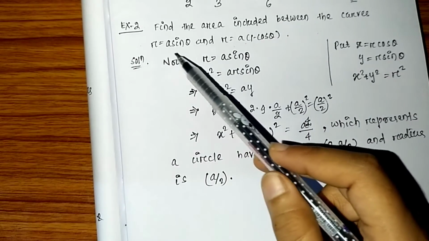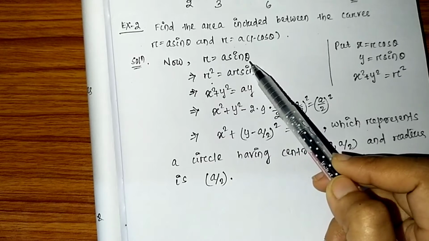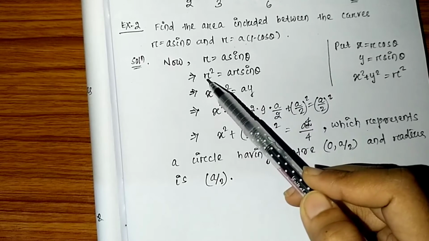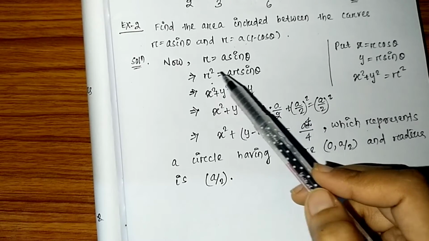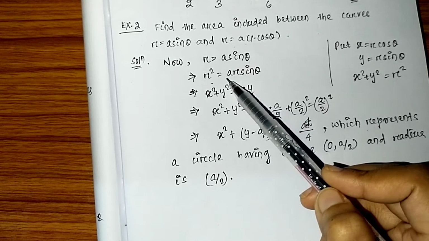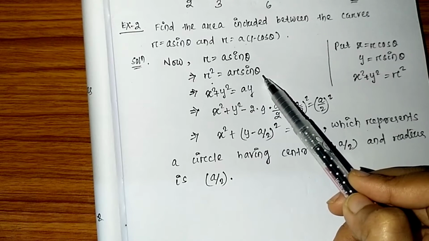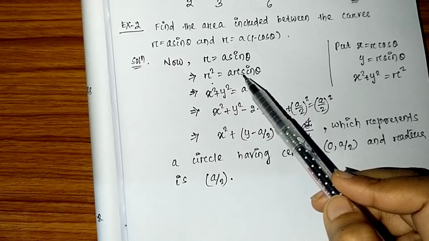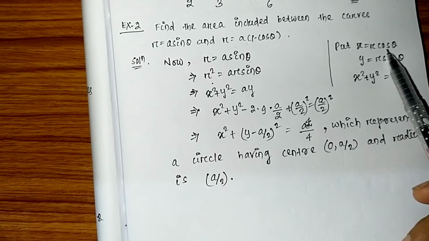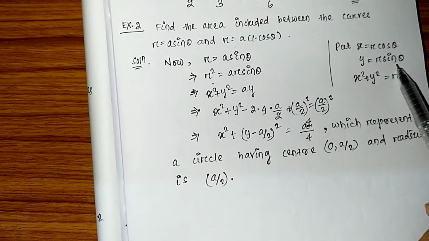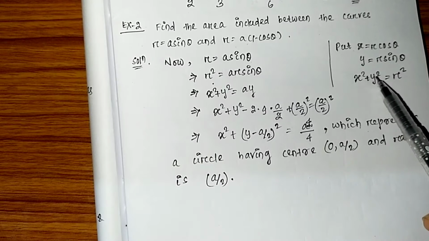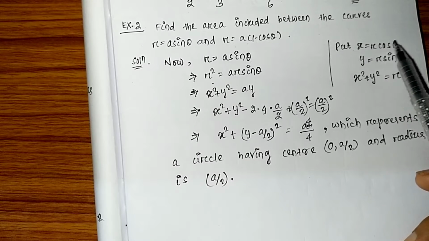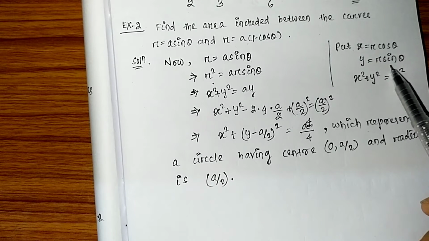First, r equal to a sin theta. We multiply r on both sides, so r square equals a r sin theta. Then put x equal to r cos theta and y equal to r sin theta. Then x square plus y square is r square cos square theta plus r square sin square theta.